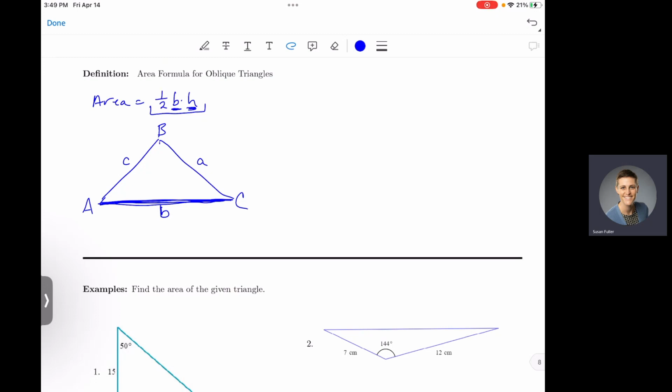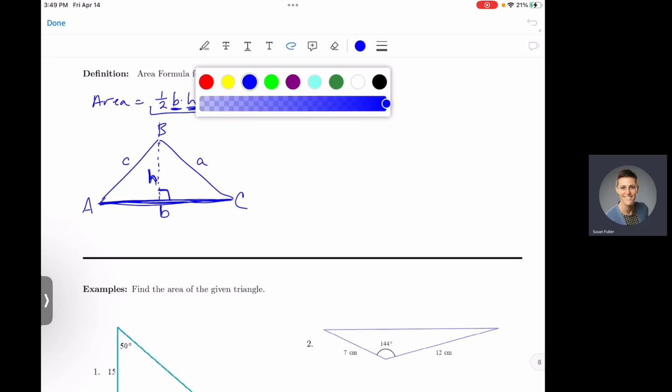The height comes from an altitude that is dropped down so that it is perpendicular to your base. Your height here needs to be perpendicular. So that's what h is. And we can actually express the height h related to the sides of our triangle and the angles inside our triangle.